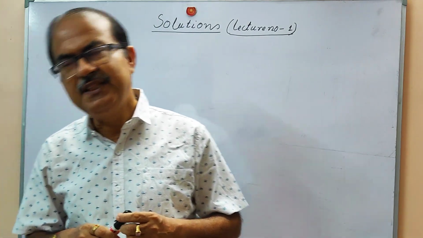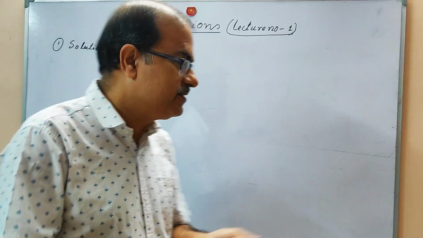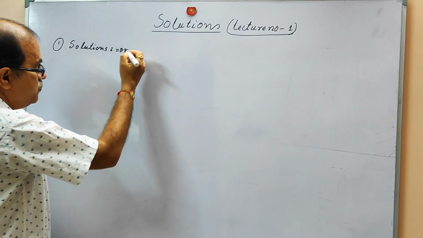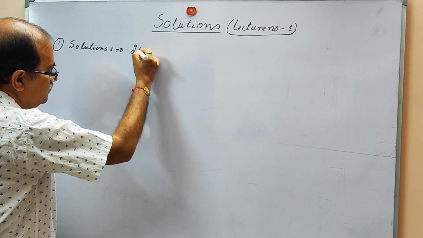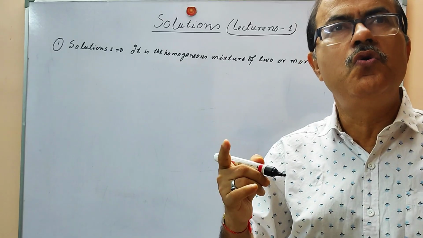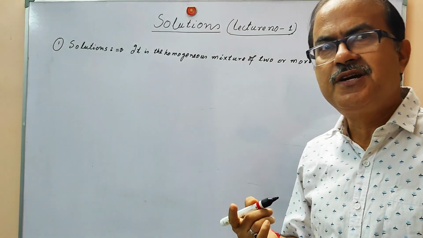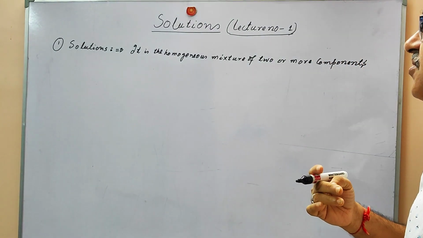So we can say what a solution is: a homogeneous mixture of two or more components. Homogeneous, as already discussed, means uniformity in the properties and the composition.